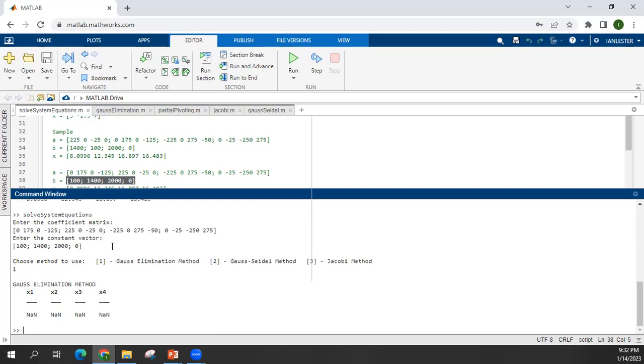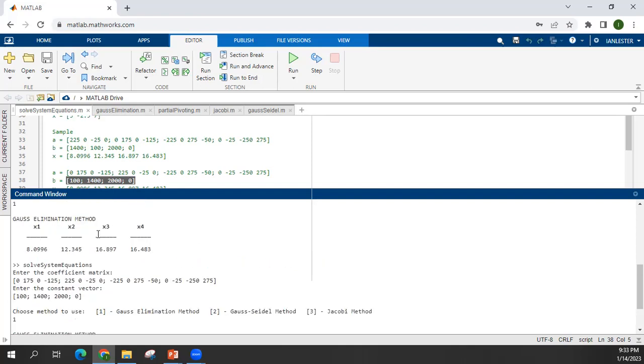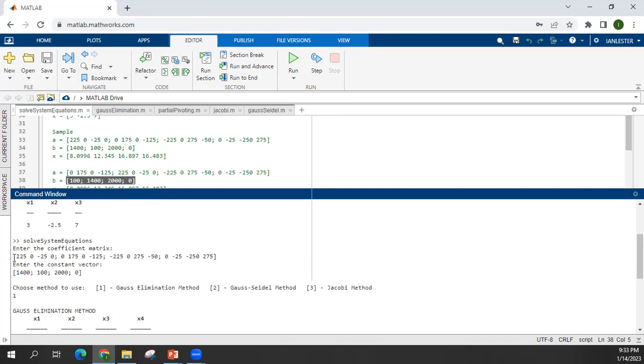So why is that so? As mentioned in lecture 6.1 and 6.2, Gauss elimination, in particular the naive Gauss elimination, has a deficiency: it can't determine whether there's a division by zero, and it's possible that there is one. If you look at the coefficients we used, the diagonal elements are A11 is 225, A22 is 175, A33 is 275, A44 is 275.